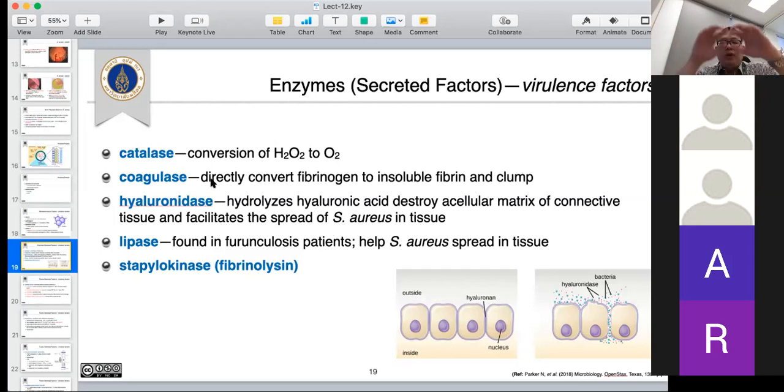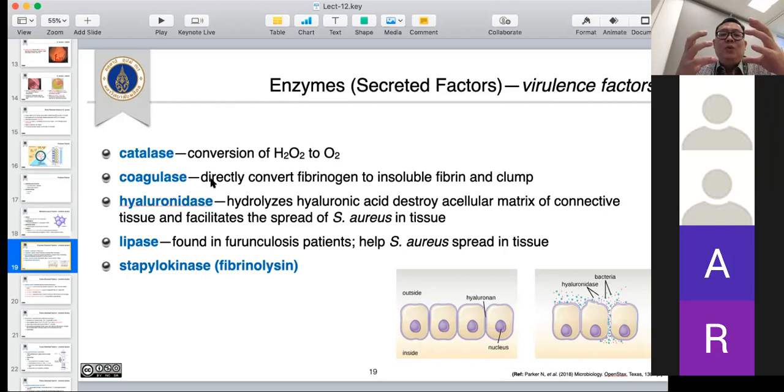Staph aureus will produce coagulase enzyme and send it out to change fibrinogen to fibrin and clump. Once it clumps, that means they have protection around Staph aureus. At this time, white blood cells cannot reach the bacteria, and bacteria have time to multiply.